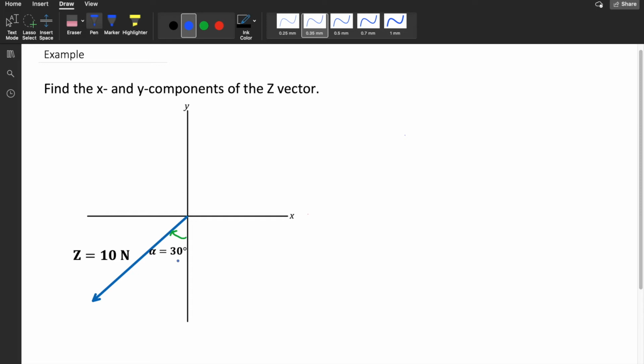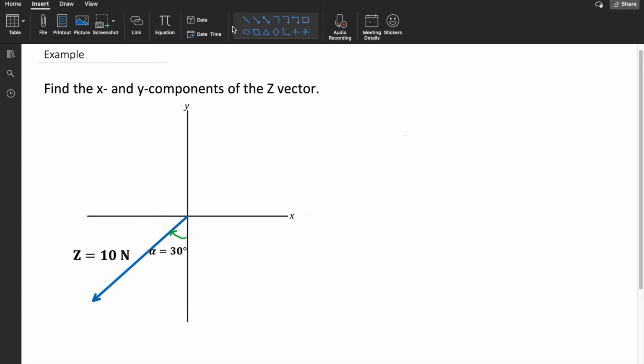It's in the third quadrant. Take note, the components ZX and ZY must both be negative. Your first step is to make a right triangle, enclosing this angle into a right triangle.